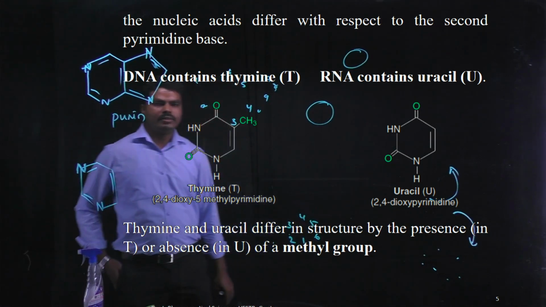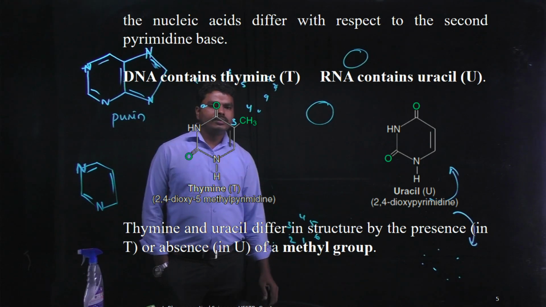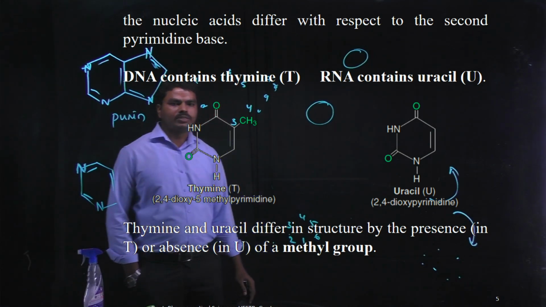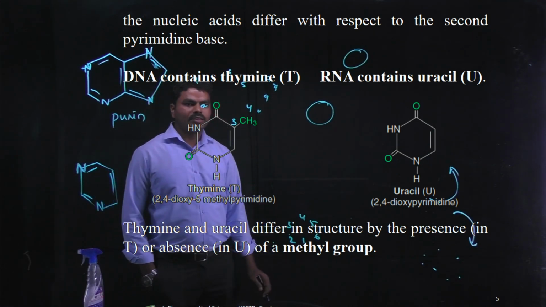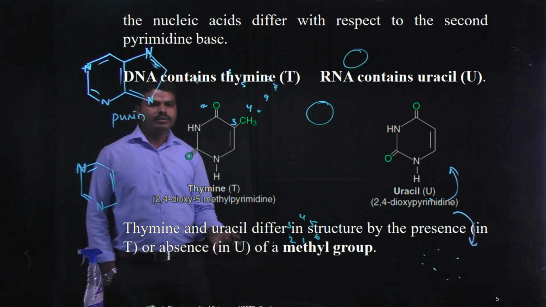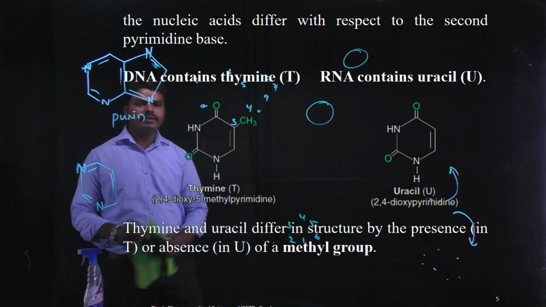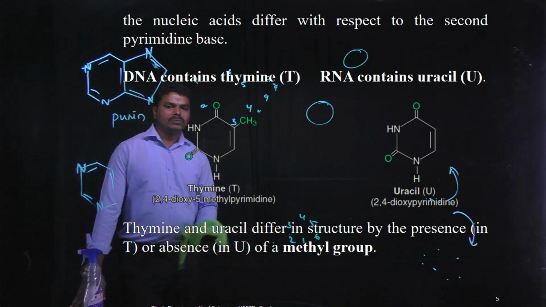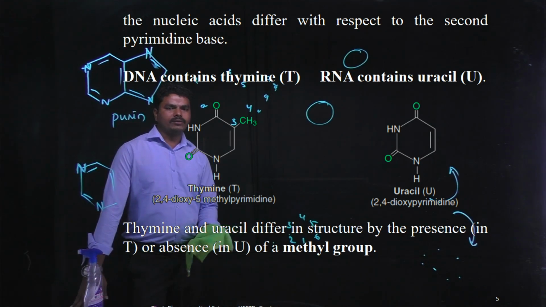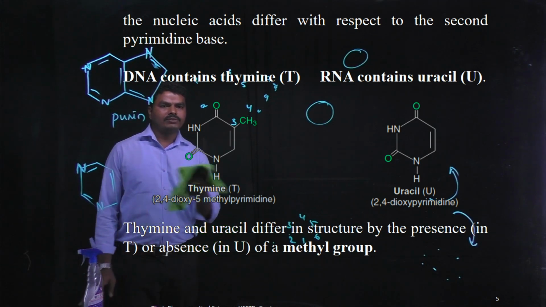And the nucleic acids differ with respect to the second pyrimidine base. The second pyrimidine base which is present in the nucleic acids is thymine or uracil. So this is the difference in the second pyrimidine base for DNA as well as RNA.